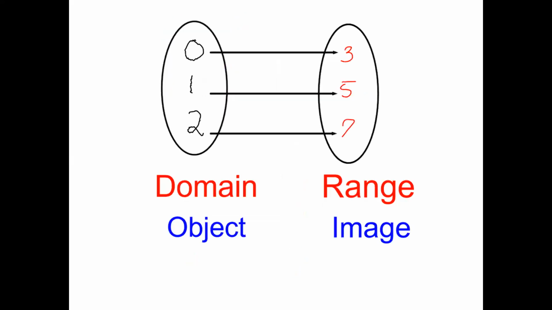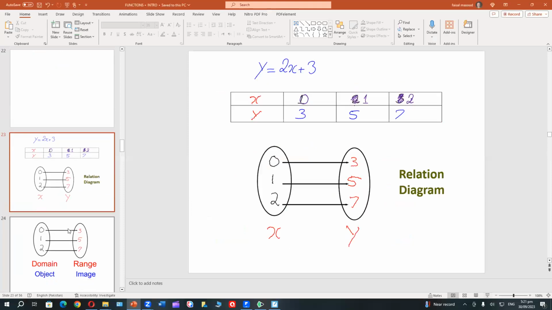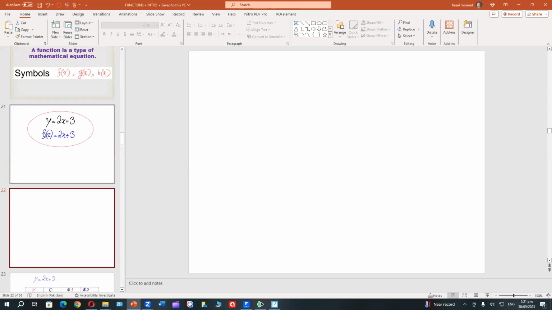Now look at the set of values of x. It is called the domain. The set of values of x is called the domain, and the set of values of y is called the range. This is a name given to them. Normally we say that the values of x are called domain.